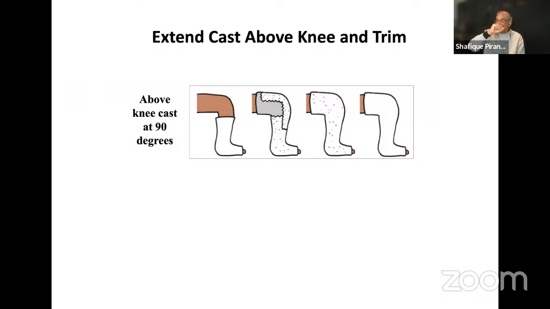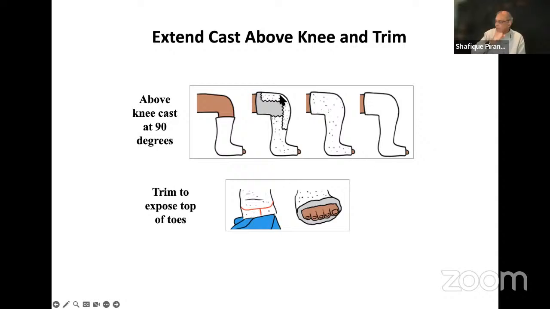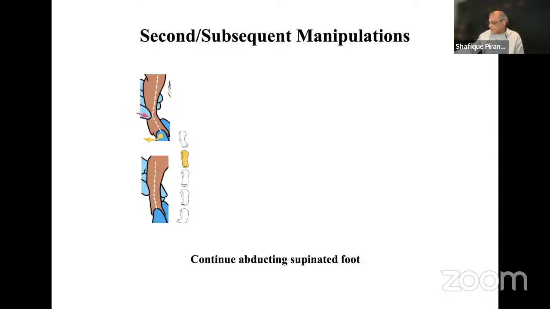The second part is put on, and it needs to go very high. I like to put a little slab on the anterior aspect of the knee to make it not too thick. And then we trim away to show the toes and leave plenty of space. And this is a cast.